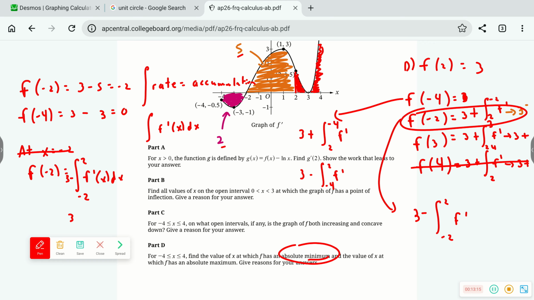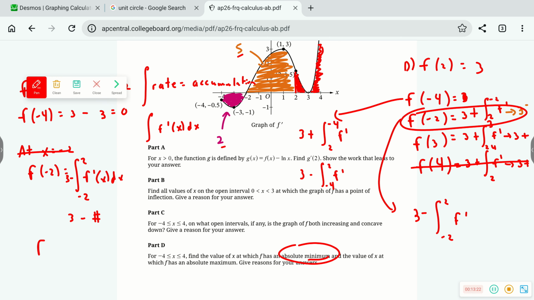There you would say it's 3 minus a positive number. Whereas if you found f of negative 4, you'd have 3 minus a positive number, but then plus, so that would make f of negative 4 actually larger than f of negative 2.